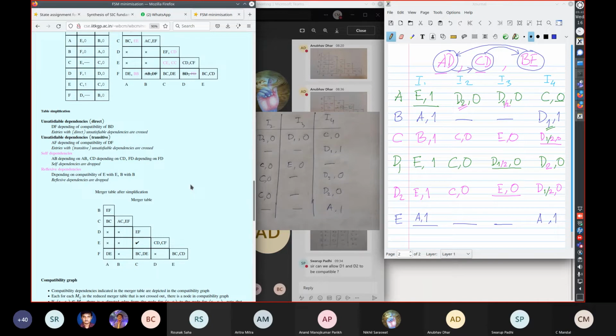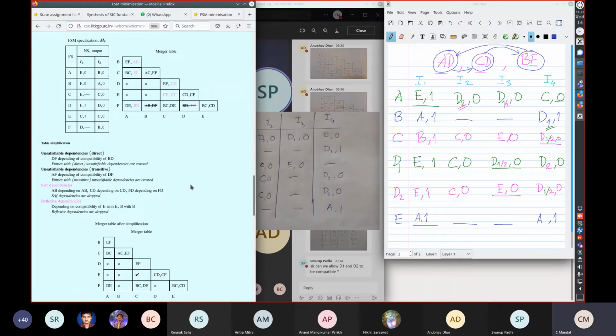Sir, can we allow D1 and D2 to be compatible? Well, you can choose D1 and D2 to be compatible, but then you can't really go ahead with the minimization. If you could keep D1 and D2 compatible, you would not need to split D into D1 and D2.